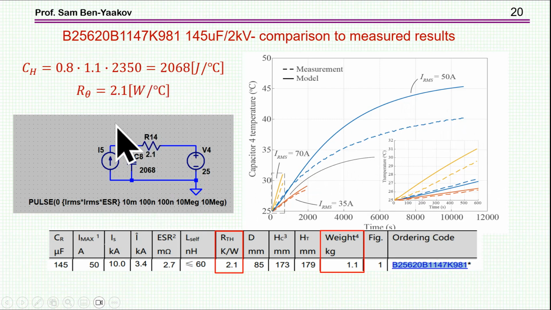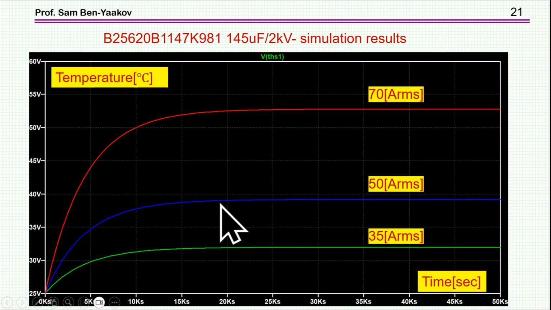With these numbers, we have just 2 numbers here, and the source is of course the power dissipated, depending on the profile. And here what they are showing is a startup, just a startup, that is, you start feeding the current, and here are the results of our model for different currents.